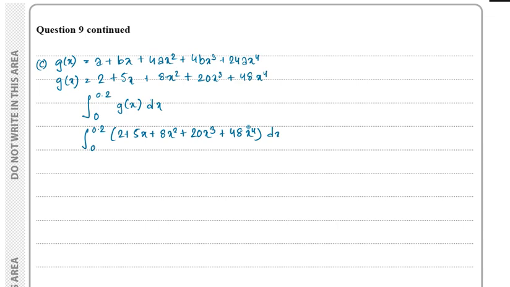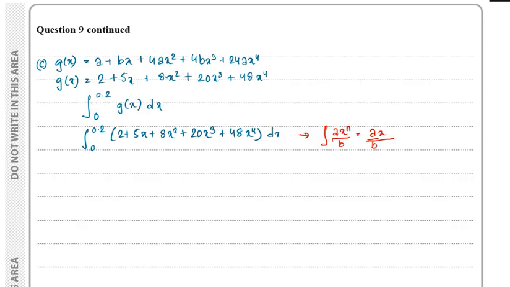So the integration of a constant is actually 2x to the power 0. So when we integrate something, we integrate this in the form of this. So the integration of a x to the power n would be ax to the power n plus 1 by n plus 1. So a would remain the same.